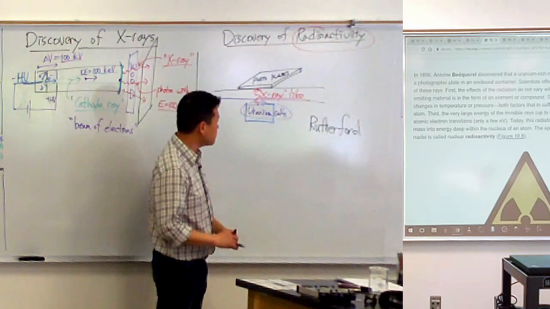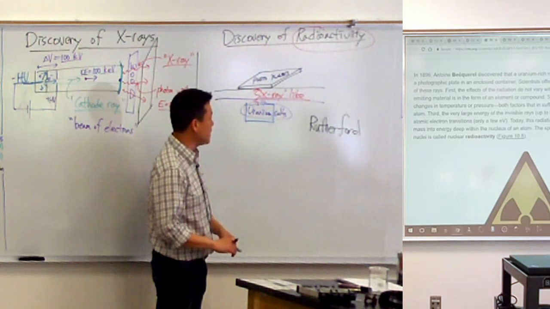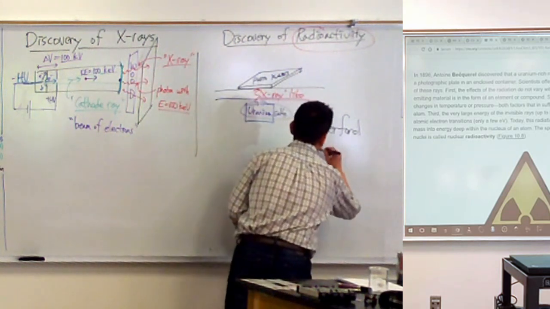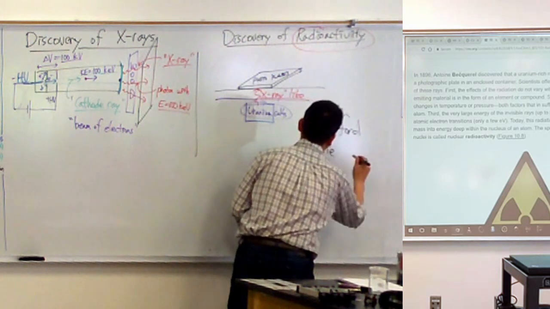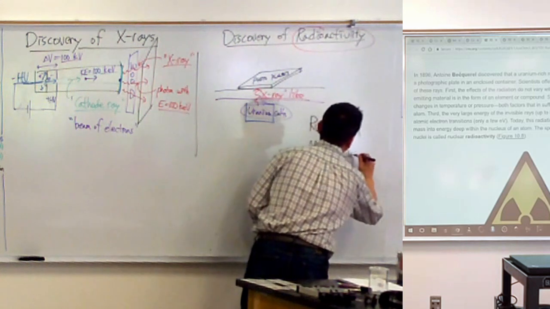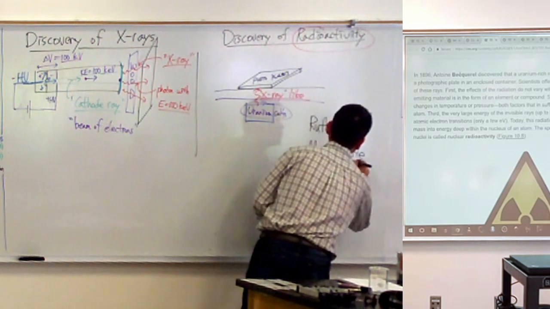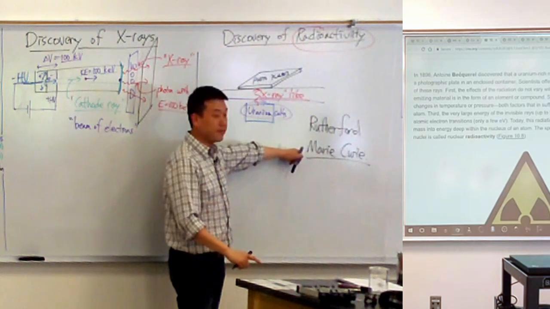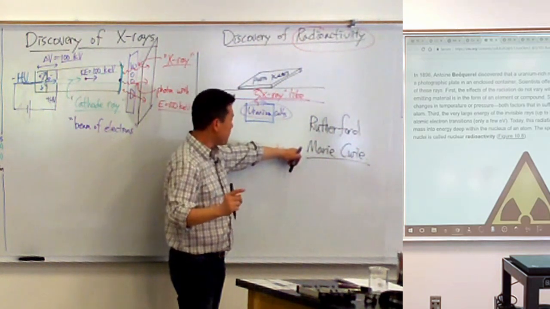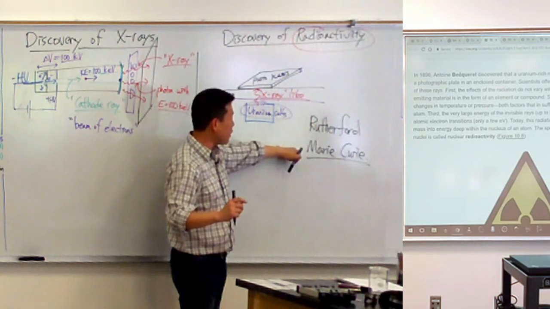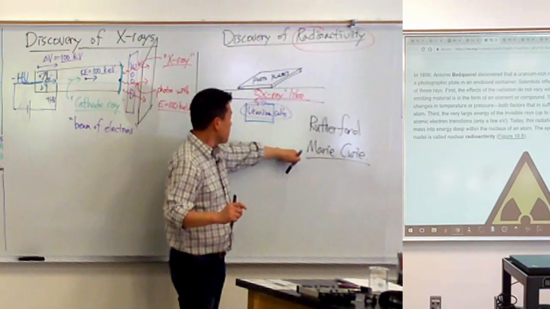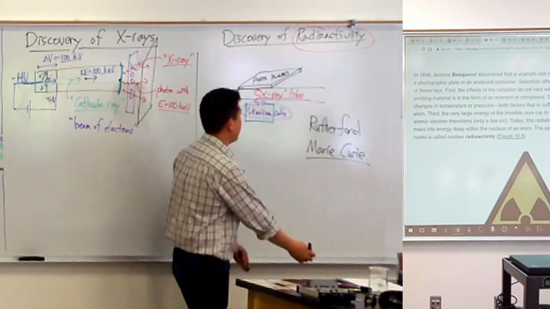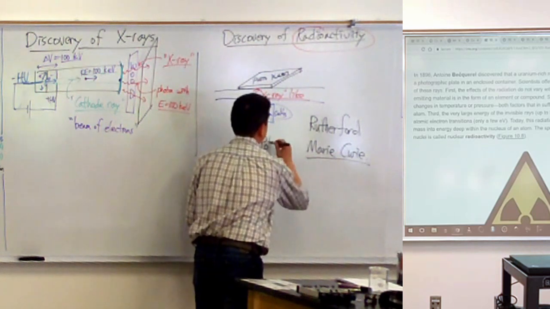There are many other names, but at least the two that I should give you. The other person is Mary, I'm not going to be able to spell her name right, Mary Curie. She's one of the few people who have two Nobel Prizes, I think one in physics and one in chemistry. She discovered a lot of radioactive elements. One in particular is easy to remember: she discovered polonium.